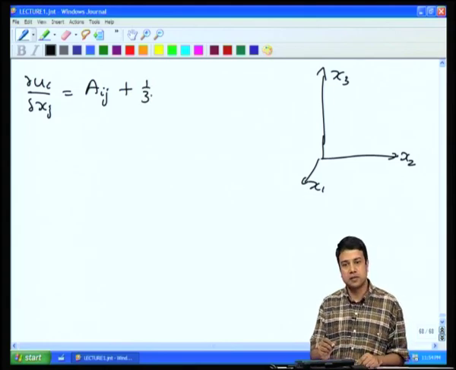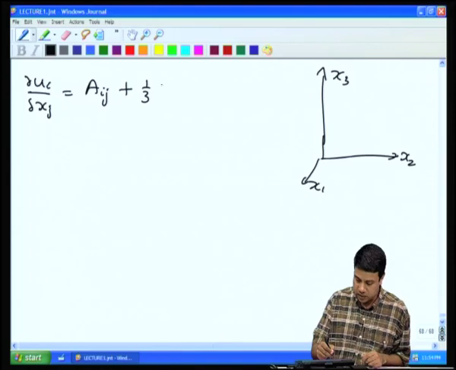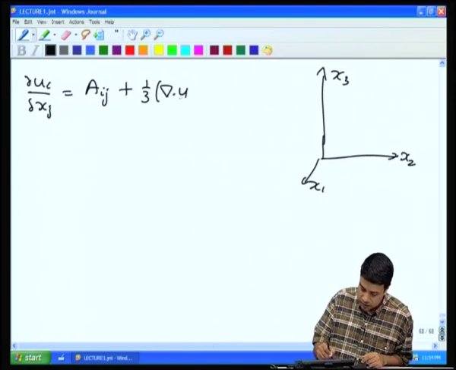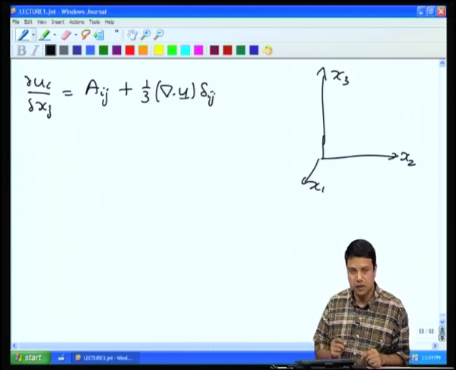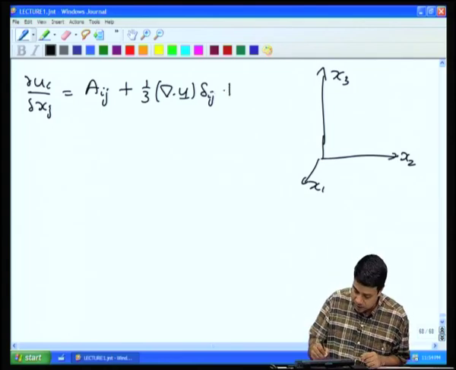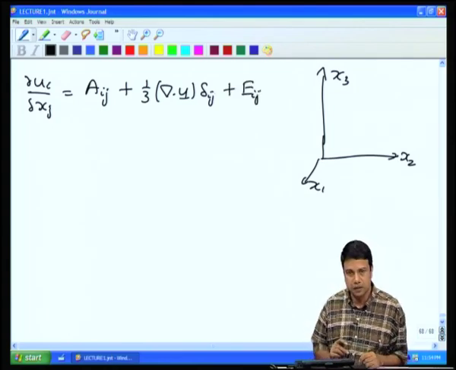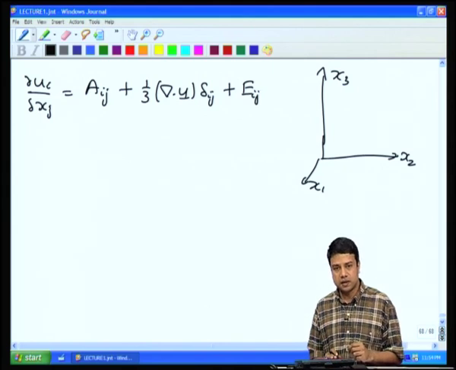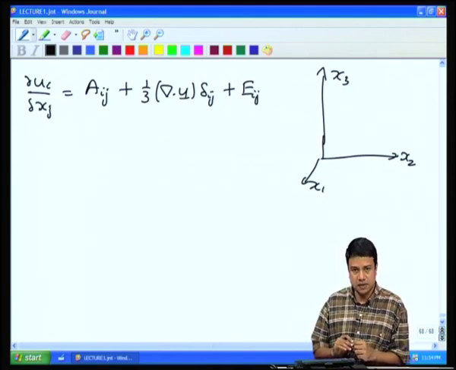In 2 dimensions it was 1 by 2, but in 3 dimensions it is 1 by 3 del dot u times the isotropic tensor, plus Eij. Aij is an antisymmetric tensor and Eij is a symmetric traceless tensor.